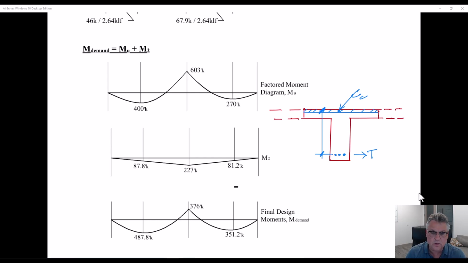So if secondary effects were going to increase some of the moments, you'd want those moments to be the positive moments, because that's where it's very efficient to resist them. So if we're going to bump up some moments from Mu, in the spans would be where you wanted to do it.